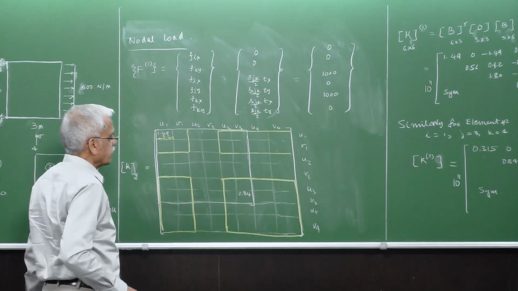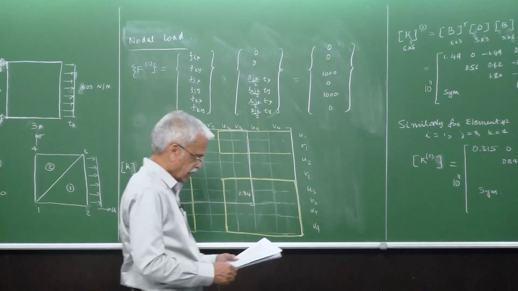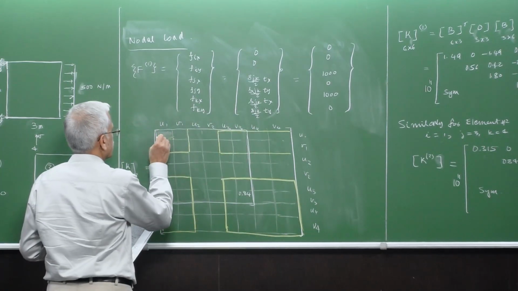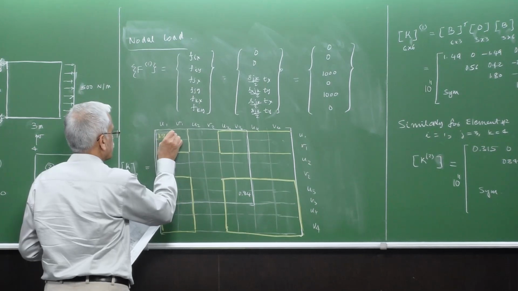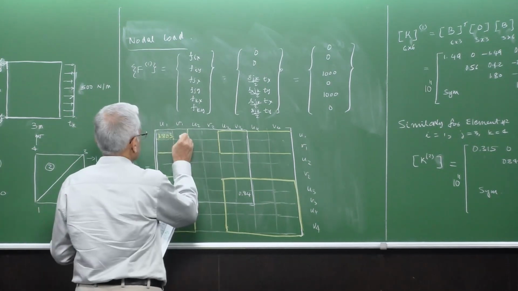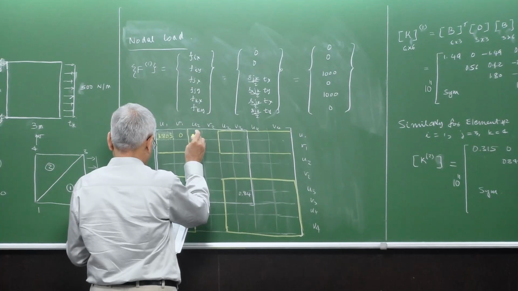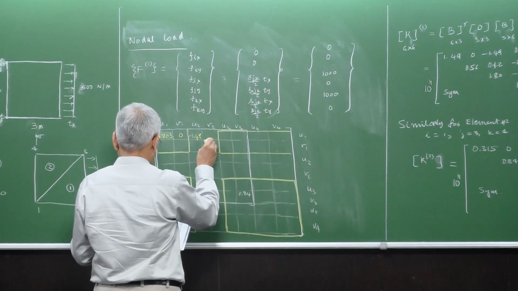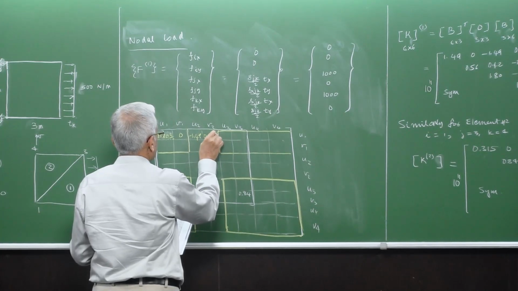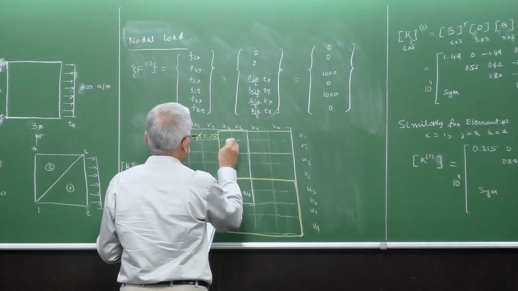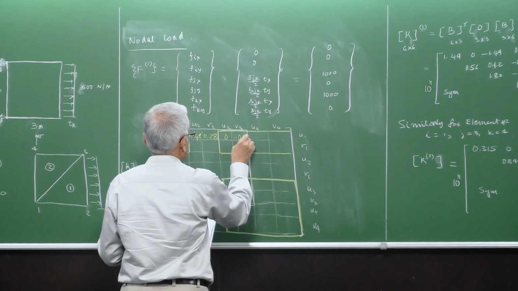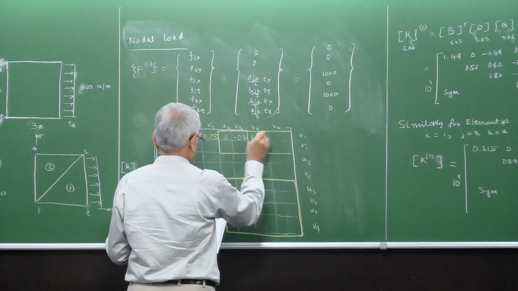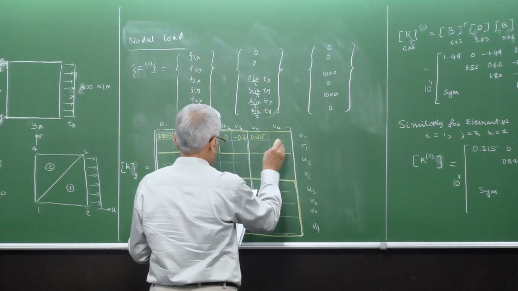So like this, you have to assemble everything and then it will become 1.803, 0, minus 1.49, 0.28, 0, minus 0.7, 0.315 and 0.42.